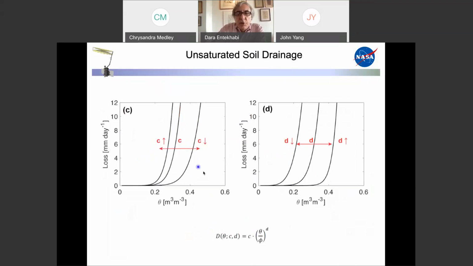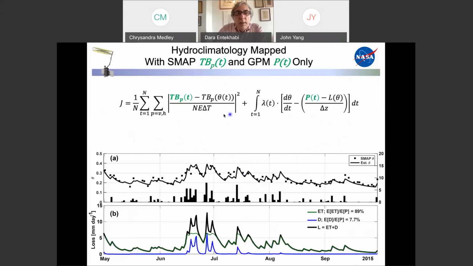Same thing with drainage. This is sort of equivalent to unsaturated hydraulic conductivity on a unit gradient forcing. It's a hyperbolic function, and it says, give me a C and a D that could be anywhere in this space, and C and D are free to vary. So here we get a cost function.